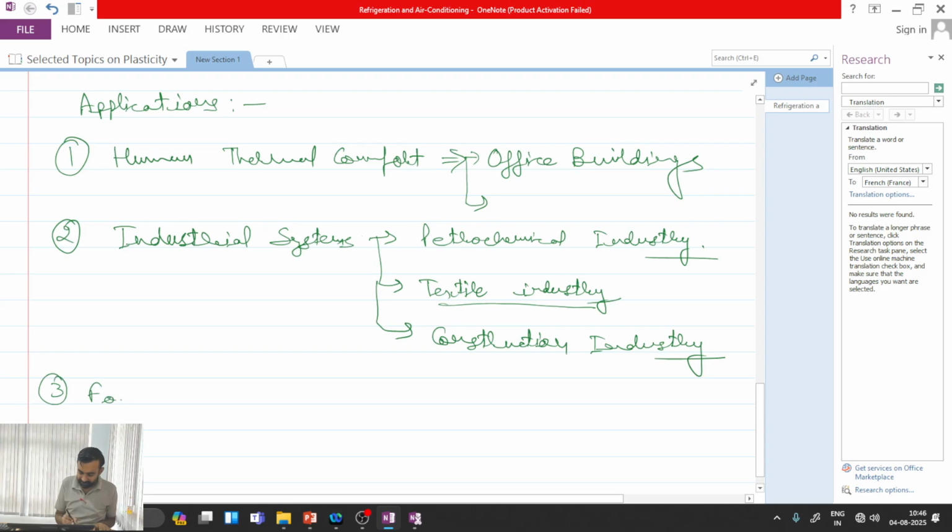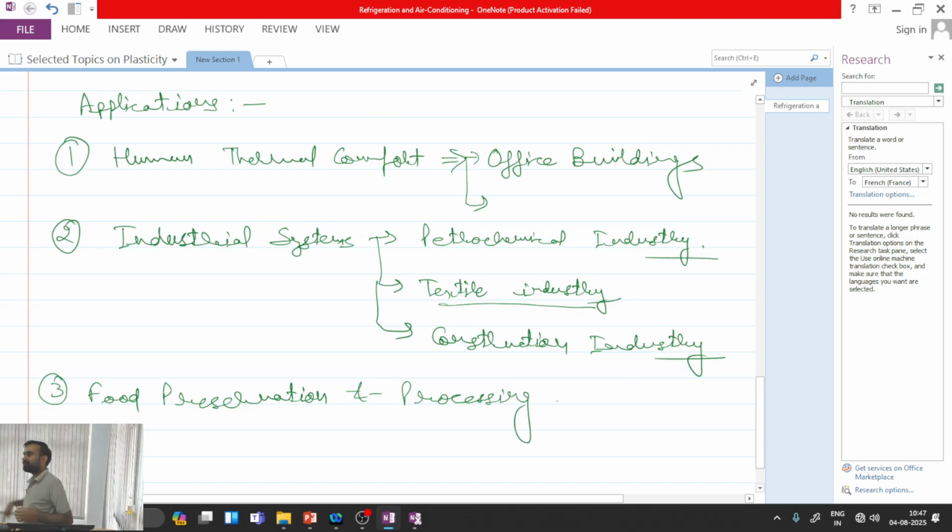Third very important industry is food preservation and processing. So you have many dairy plants. In dairy plants you do the processing of the milk.